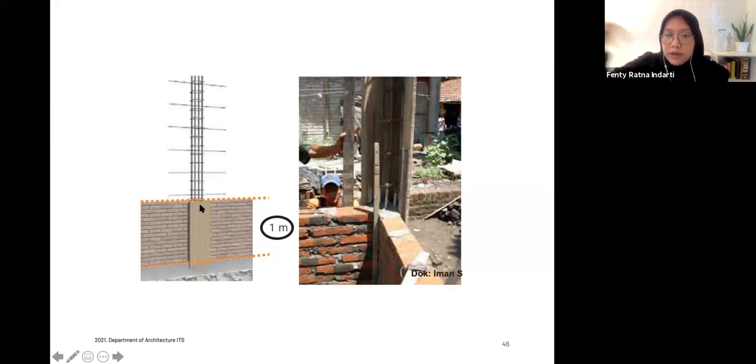Then you pour the concrete or the mixture. You leave it for maybe 1 day, and then it will dry so that it attaches to each other. The element becomes one, so the liquid becomes one with the bricks, and then you follow to the next step until it's fully finished based on the height of the wall.